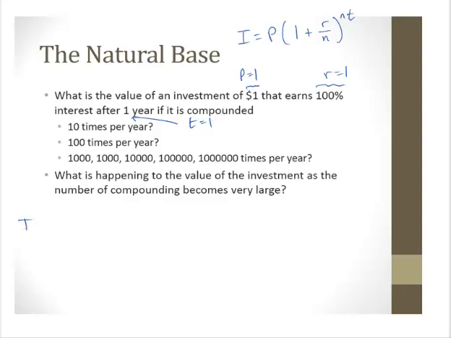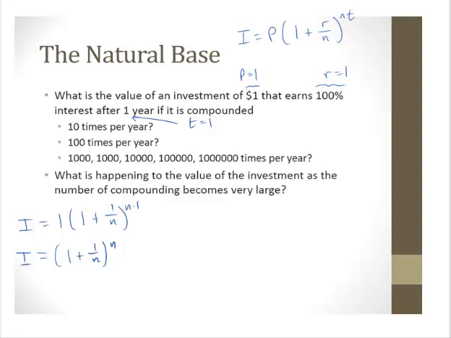So our value is given by 1 times 1 plus R over N to the N times 1. Simplifying this, R is 1, so we'd have 1 plus 1 over N to the N.